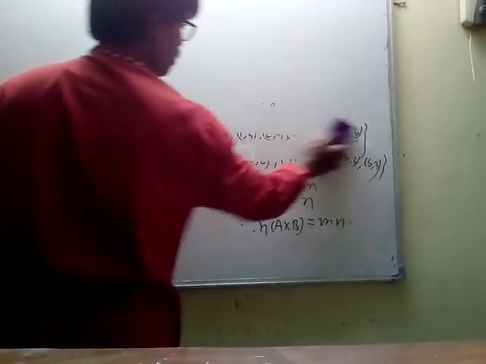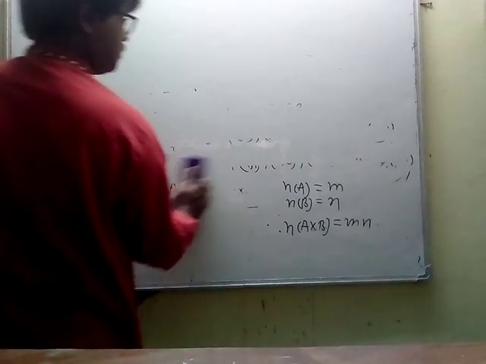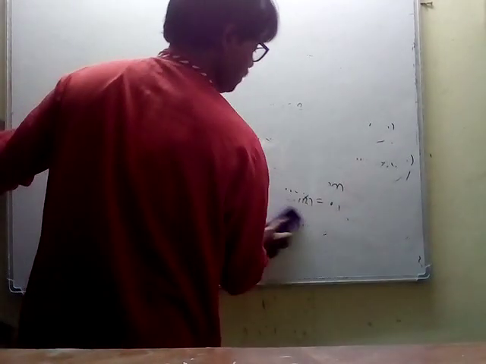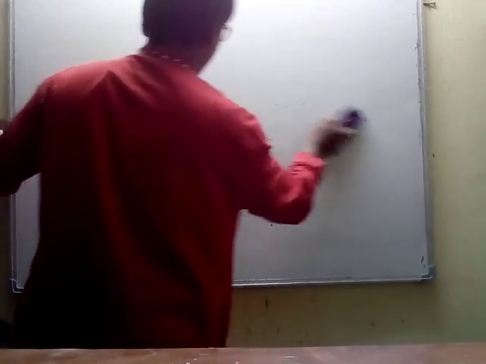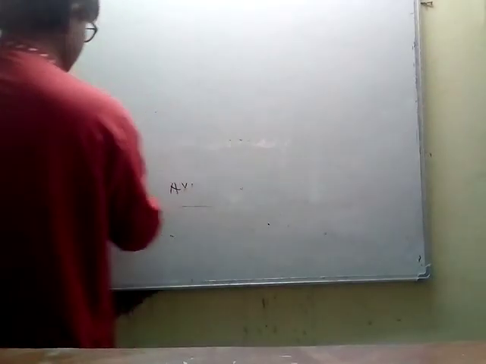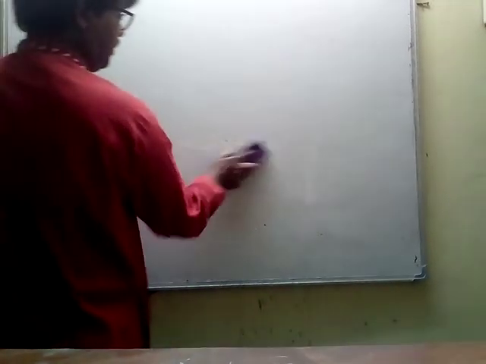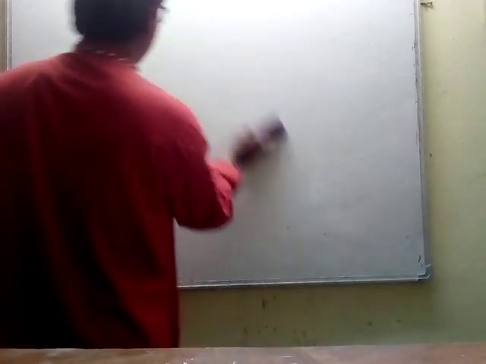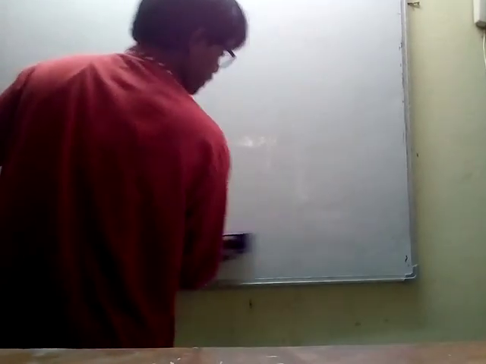Now A cross B, the Cartesian product of the two sets A and B, is the set of all ordered pairs such that the first element of the ordered pair comes from A and the second element from B.